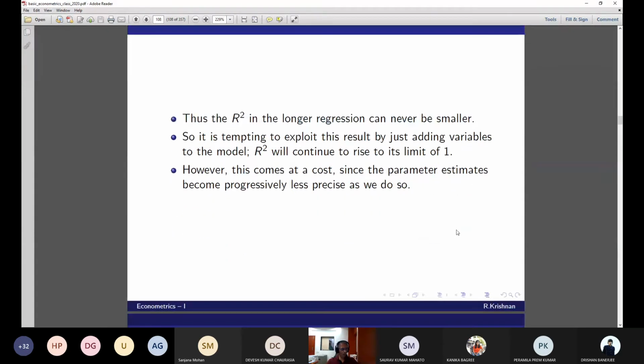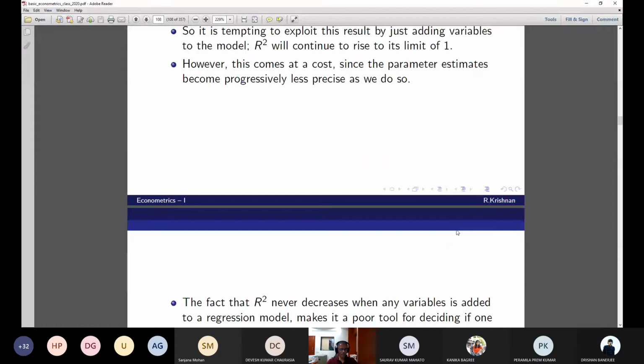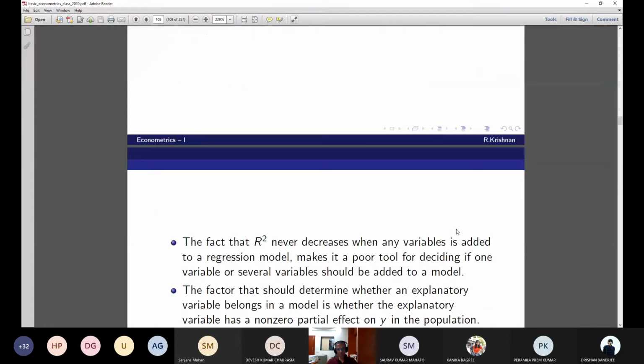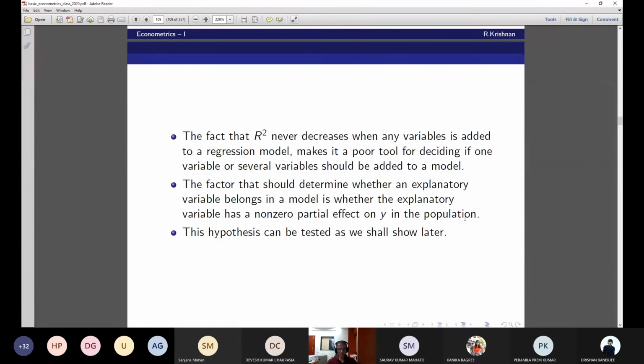This leads to a measure which imposes a penalty on adding variables that need not be added. The more variables you add, the more it penalizes the goodness of fit. So the fact that R square never decreases when any variable is added to a regression model makes it a poor tool for deciding if one variable or several variables should be added to a model.